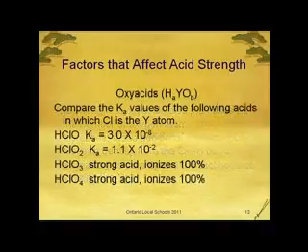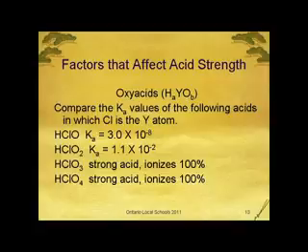So here we have four oxyacids, of which chlorine is the element represented by the Y in the general formula. We have HClO, which is called hypochlorous acid, HClO2, which is chlorous acid, HClO3, which is chloric acid, and HClO4, which is perchloric acid.